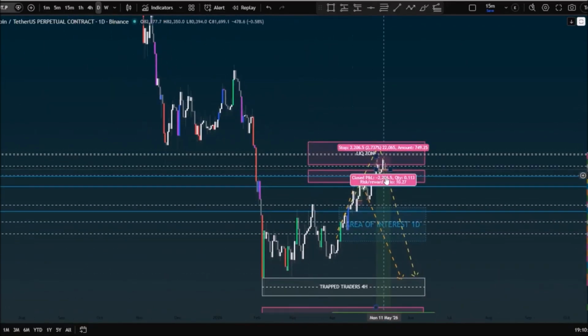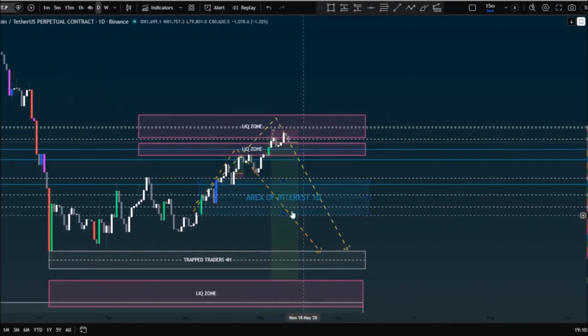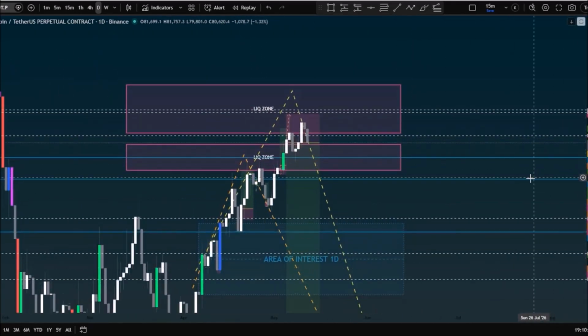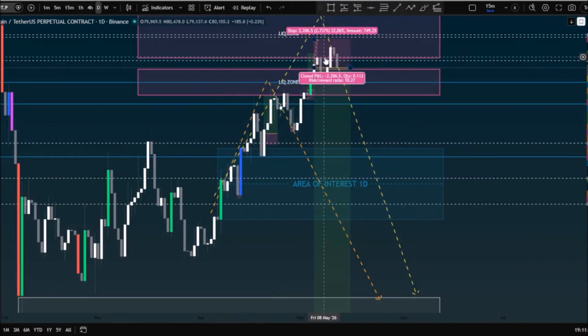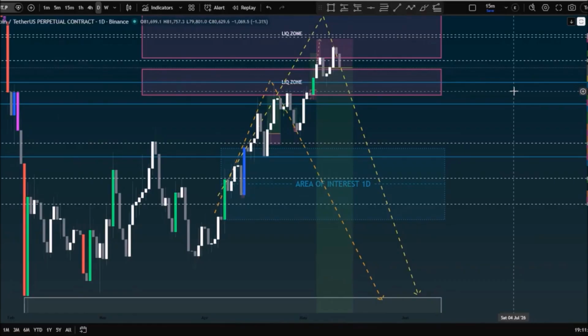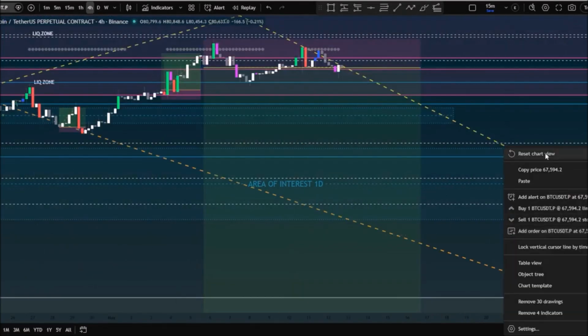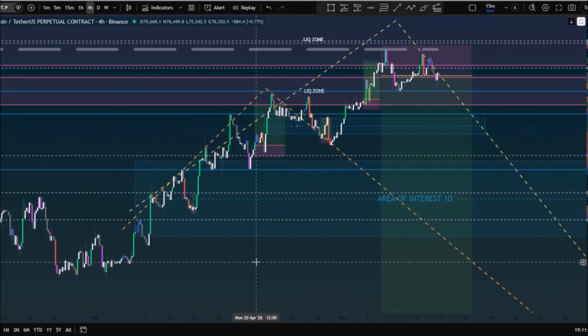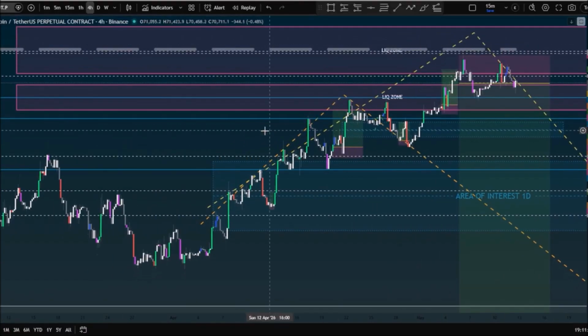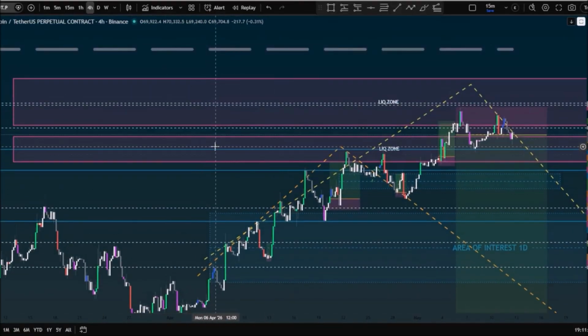Okay, it's more like an M. So, down here, if I get a little bit closer, you can see there's not a lot of volume here. These candles that are pushing price up here are mostly gray and white, not a lot of volume. That is one clear sign that we believe this particular asset is changing directions. Okay, now you see that I have these levels marked out here. These liquidity levels, this is where people's stop losses are, where they will lose money if price pushes up into this area.